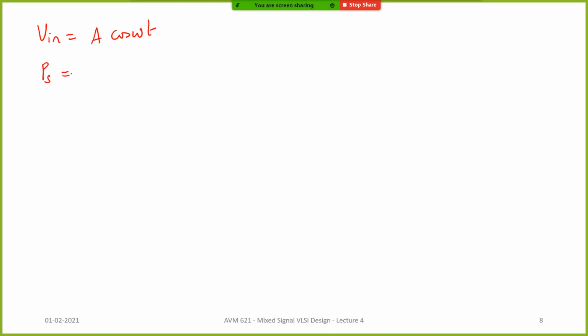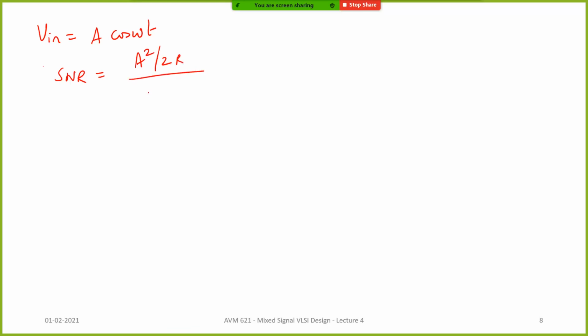It is A squared by 2, or actually A squared by 2R if you include a load resistance.